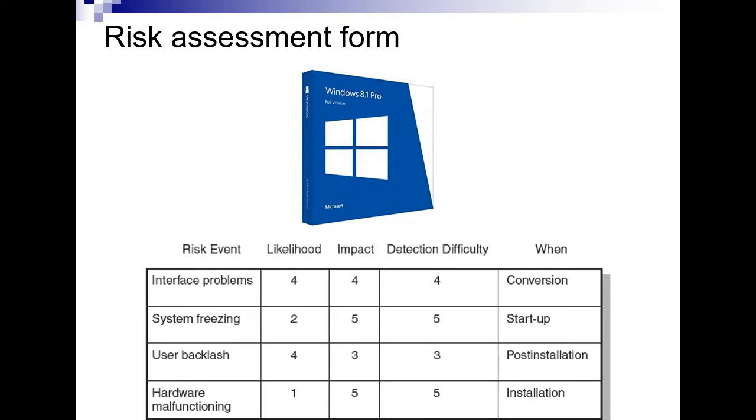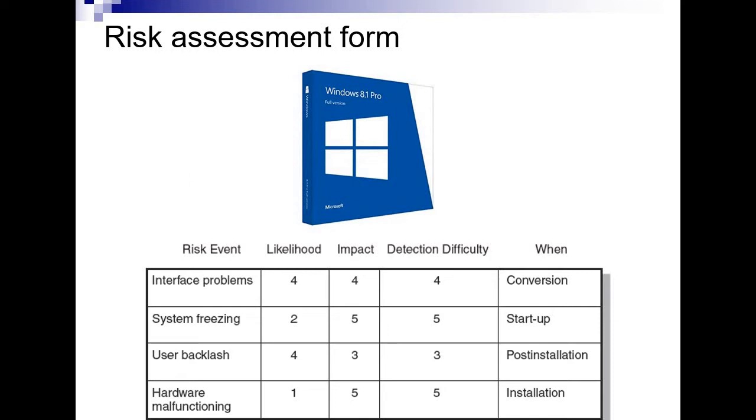But then the detection difficulty is also low, and this generally happens post installation, in the form of feedback that the company receives from various social media and from the customers directly.